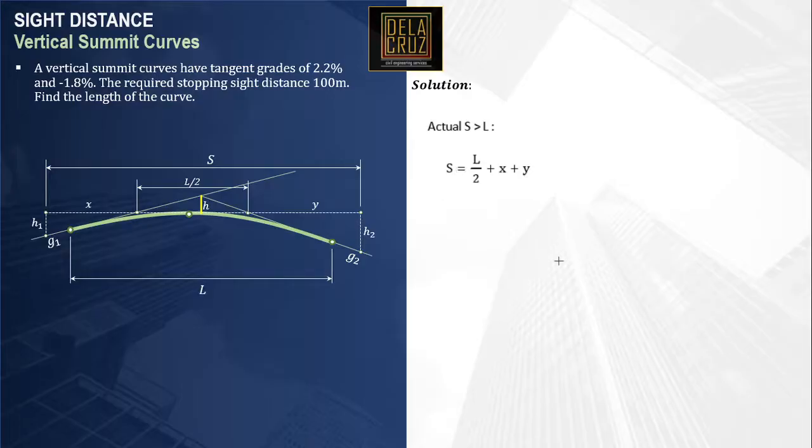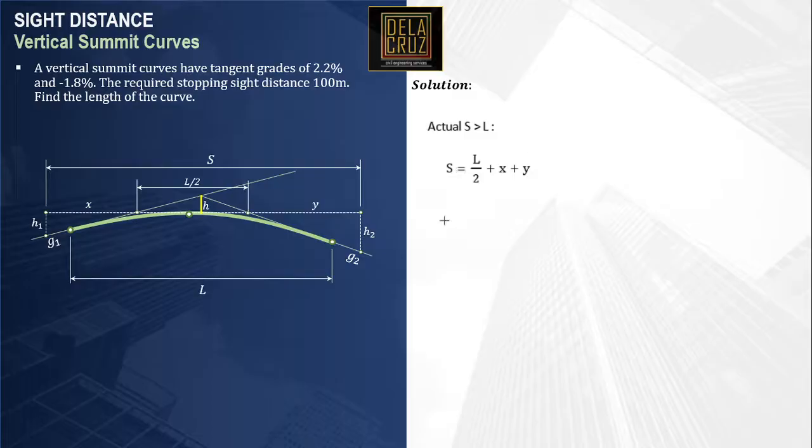Okay. Now, as you can see, that X here is equivalent to H1 over the grade. Remember that the grade is rise over run, H1 over X. Therefore, X can be expressed as H1 over G1. Okay?